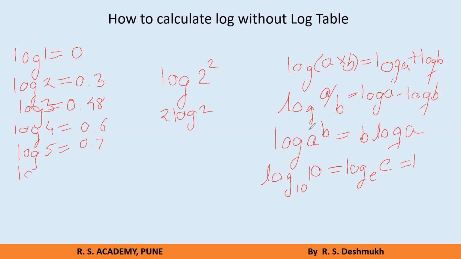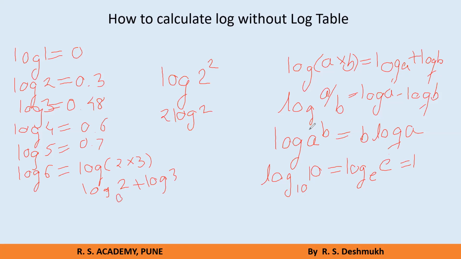Again the same thing, I will move to the next one. Log 6. Again I will use a similar property. I know that it is log of 2 into 3. But log of 2 into 3 is what? Log 2 plus log 3. So I can write it as log 2 plus log 3. But log 2 is 0.3 and log 3 is 0.48.